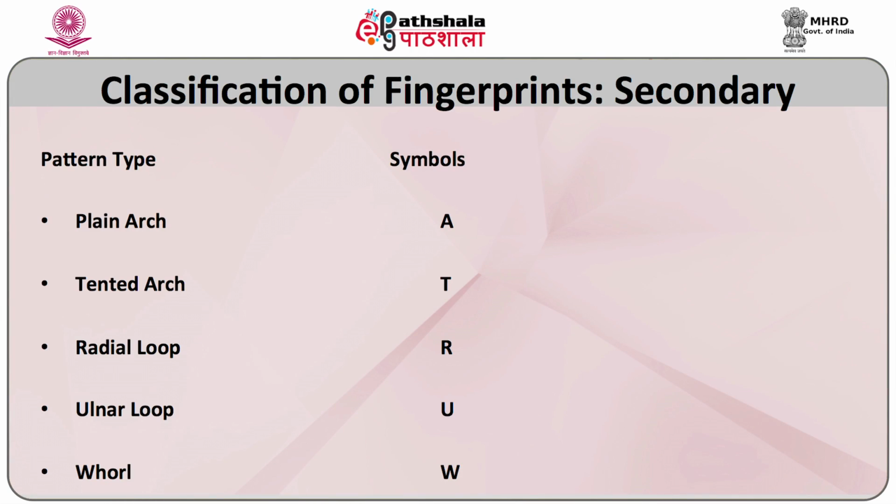The second classification in this Henry system of classification is termed the secondary classification. In this classification system, only the index fingers of both right and left hands are considered. The pattern type of the right index upon the pattern type of the left index is written in symbol order.